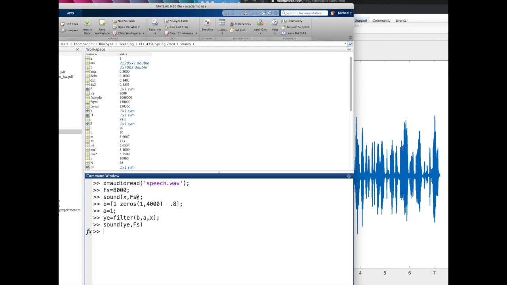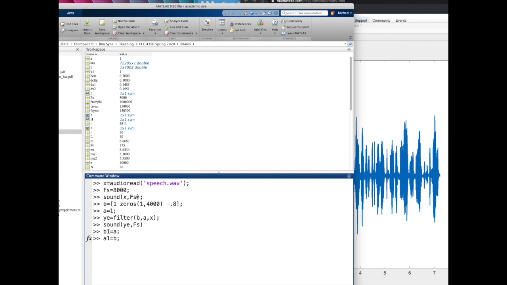Okay, so it's really obvious that that's an echo. Remember, the signal at this point with the echo is called YE. So let's filter YE to get rid of the echo. And we use B's and A's, but it turns out we just flop the roles. So A1 is going to be equal to B. We have an A and a B, now we have an A1 and a B1.